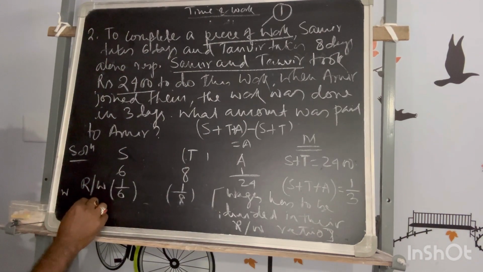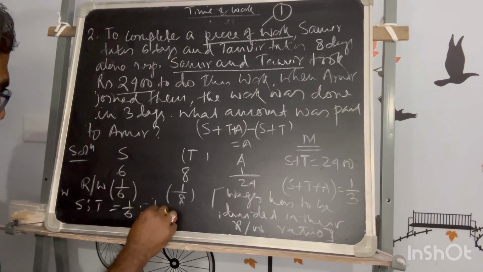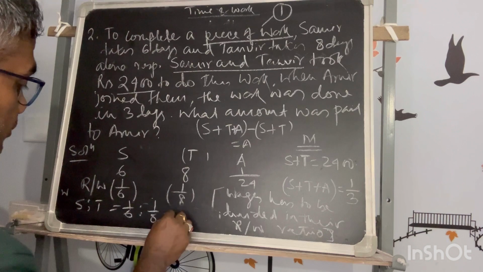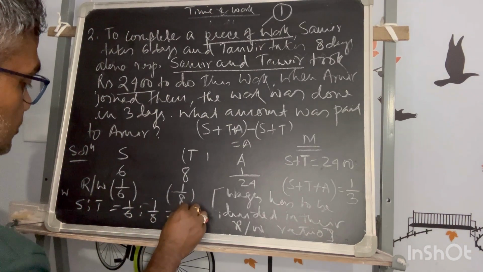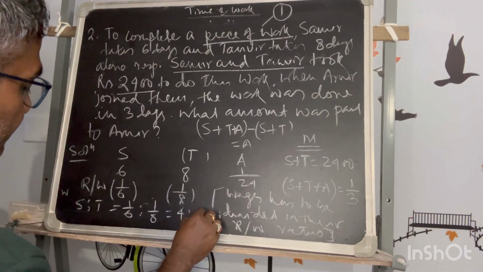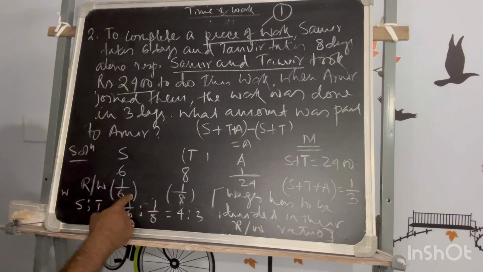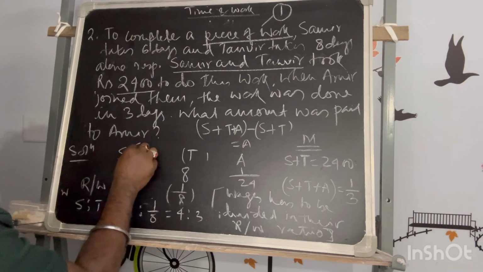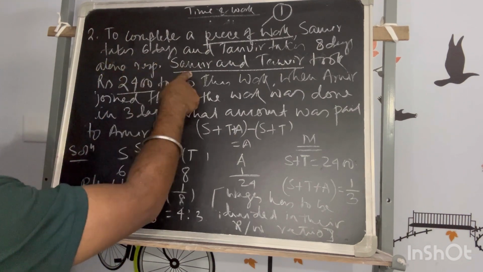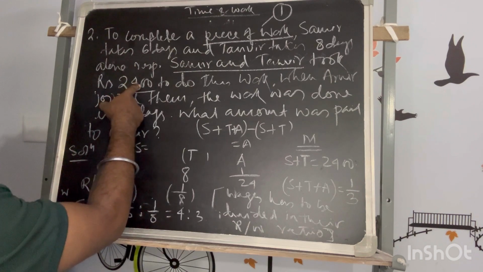The wages ratio for S and T will be 1/6 : 1/8, which is reversed to 4:3. So the wages ratio is 4:3, that is, Samir's share is 4 out of 7 parts. So Samir's percentage is out of 2,400 how much?